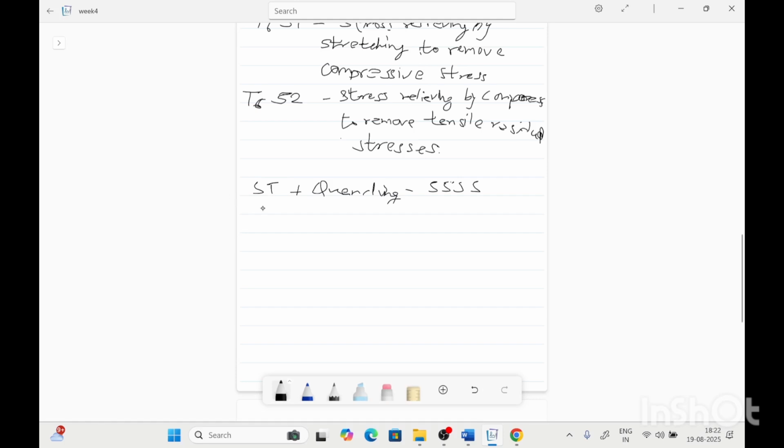Then, with aging: supersaturated means the copper, or any alloying element which is heat treatable in the alloy, is at maximum concentration. So with time, the excess solute will precipitate out from the solid solution.